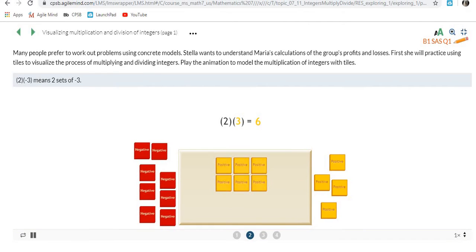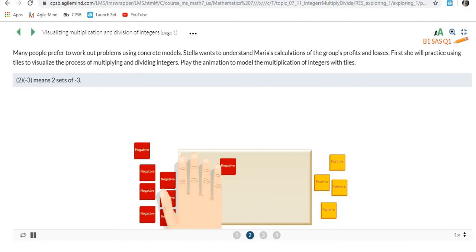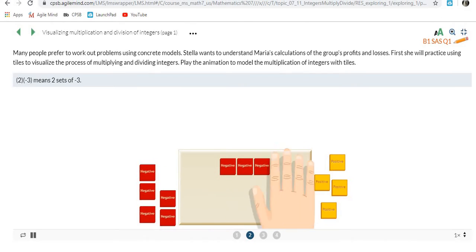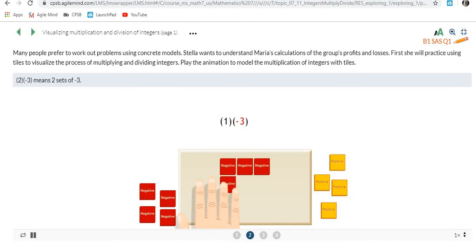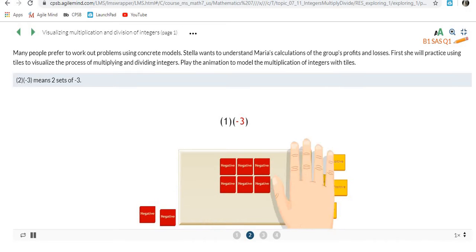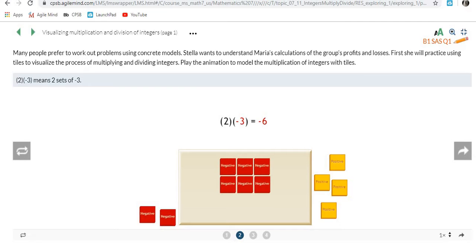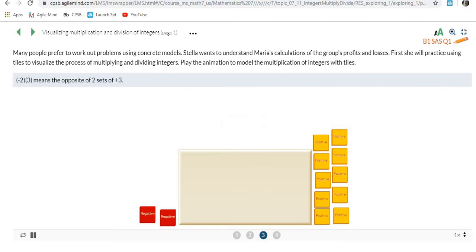Okay, well next, she's going to show us 1 set of negative 3. Then she's showing us 2 sets of negative 3. And that gives me negative 6, right? There's 6 negative tiles. That was our letter A, right? Okay, let's look at B.